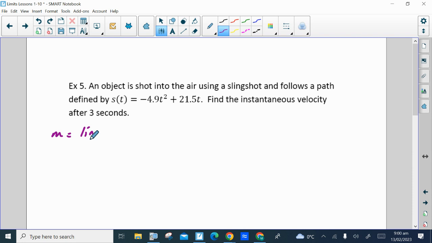So I'll have the limit in this case as t approaches 3 of f at t minus f at 3. So that's negative 4.9 times 3 squared plus 21.5 times 3.